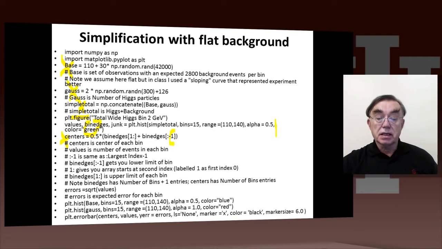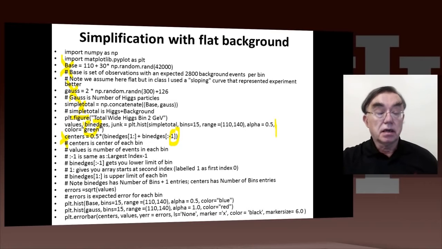The -1 corresponds to running the Python index from 0 to the upper index, which is 30 minus 1. And so this thing here, centers, actually gives you the center of each of the bins. It's an array of dimension 30 in this case.